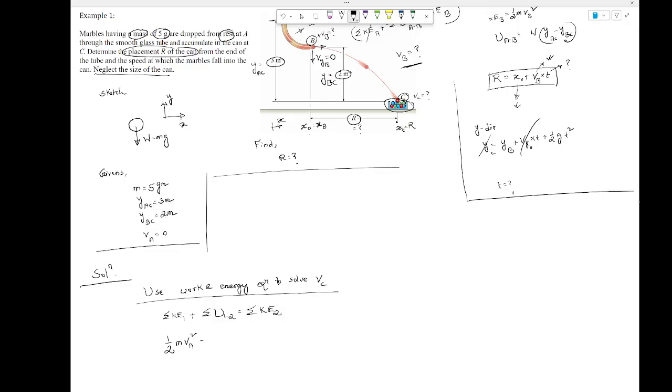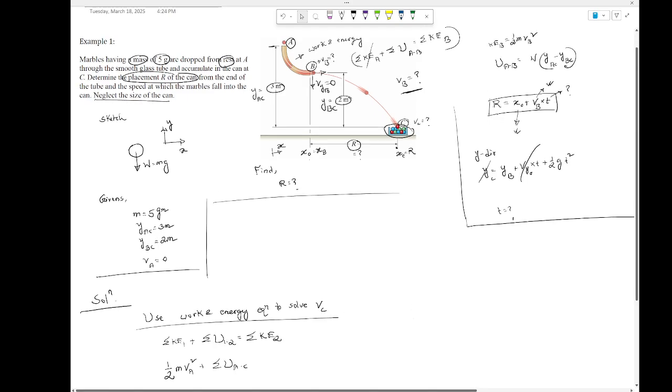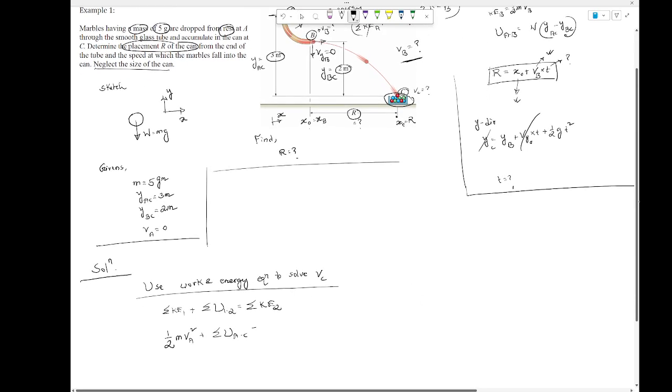So I have this equation for kinetic energy, and then I can say this is A to C. Let's deal with A to C to find the value of the BC first, and then we're going to find the BB. So A to C, and then I have this equation: half of M BC square.